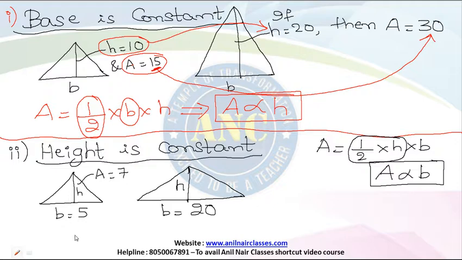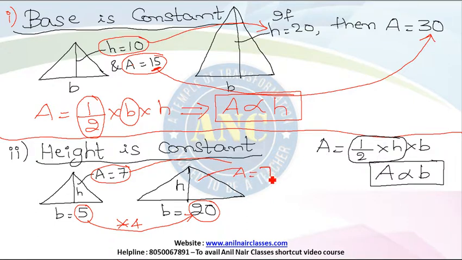Base earlier was 5 units, now the base is 20 units. That means base became 4 times itself. If the base becomes 4 times itself, the earlier area of 7 should also be multiplied by 4 for this new triangle. So the area of the bigger triangle is 7 into 4, which is 28 centimeter square.